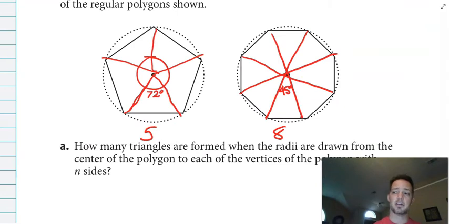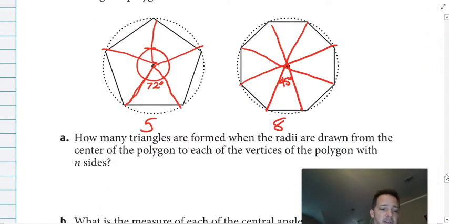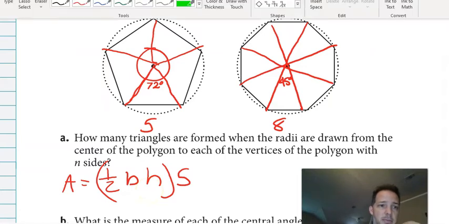All right, to save a little bit of time on deducing the formula, I want to point out that all we're doing is using triangles. So let's pretend for a second, if I want to find the area of 5 triangles, I can save a little bit of time right here because I know h, the height of these triangles, is just going to be the apothem.